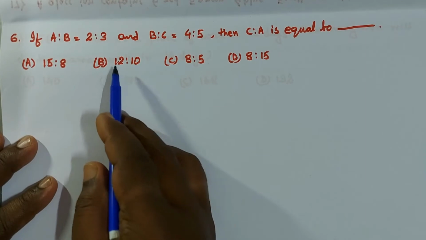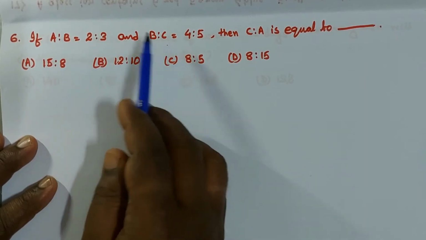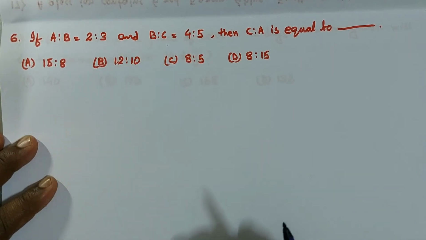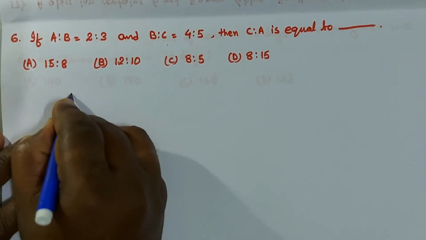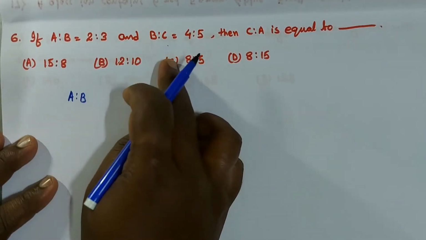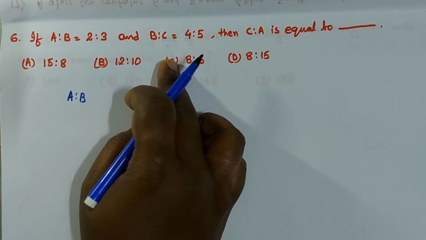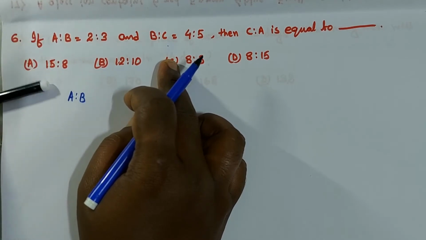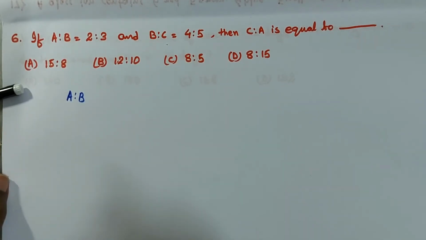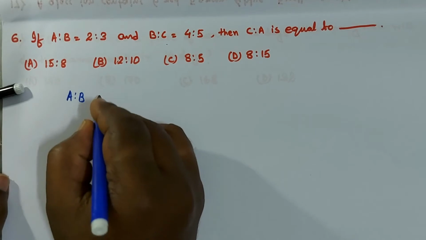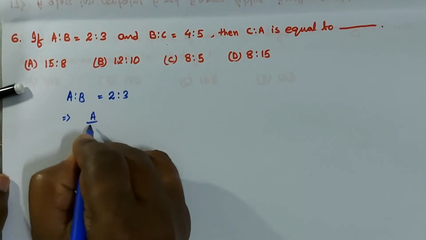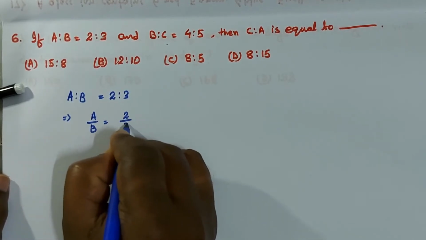To do this kind of math, look here: in both the ratios B is present. We must equalize the values of B. Let's do that. A is to B equals 2 is to 3, or A by B is equal to 2 by 3.